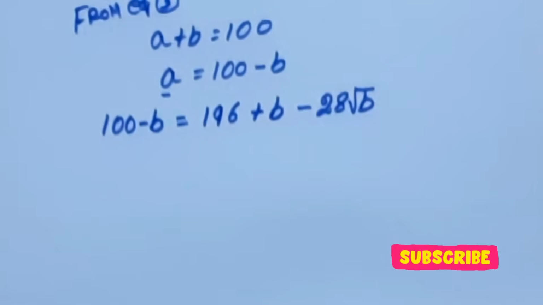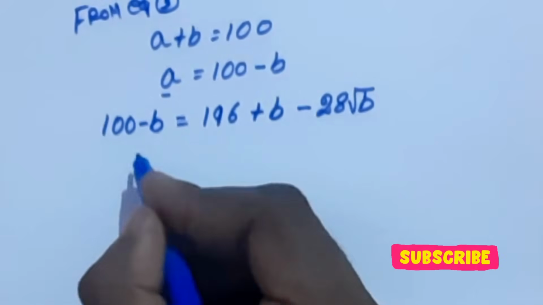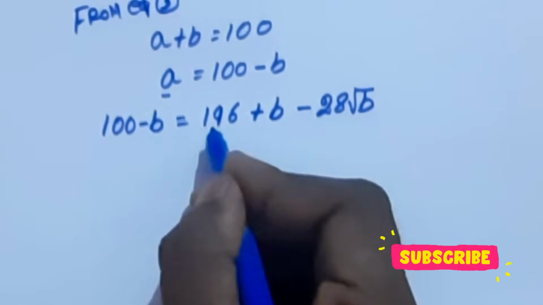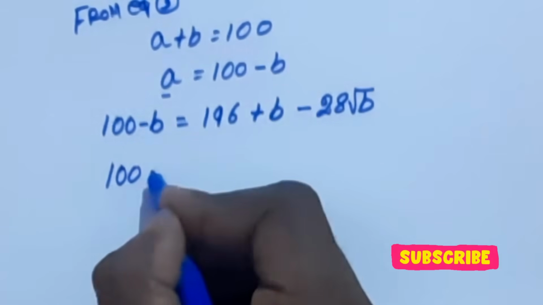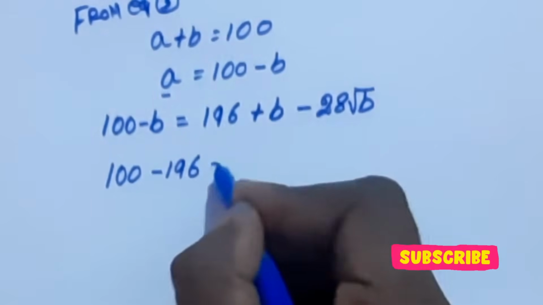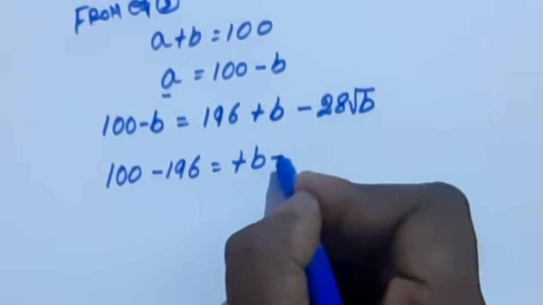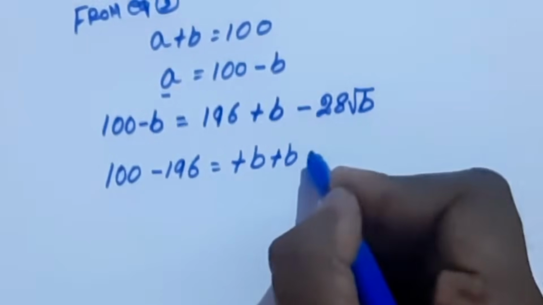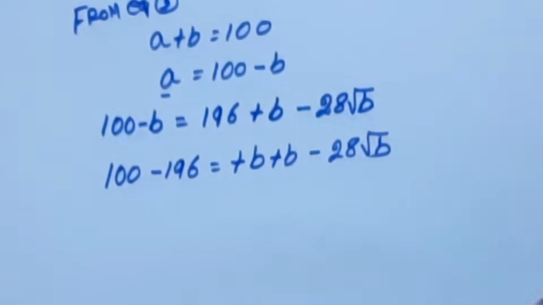Now this b we are moving to the right hand side. Also this 196 we are moving to the left hand side. So 100 minus 196 equal to plus b plus b minus 28 square root of b.